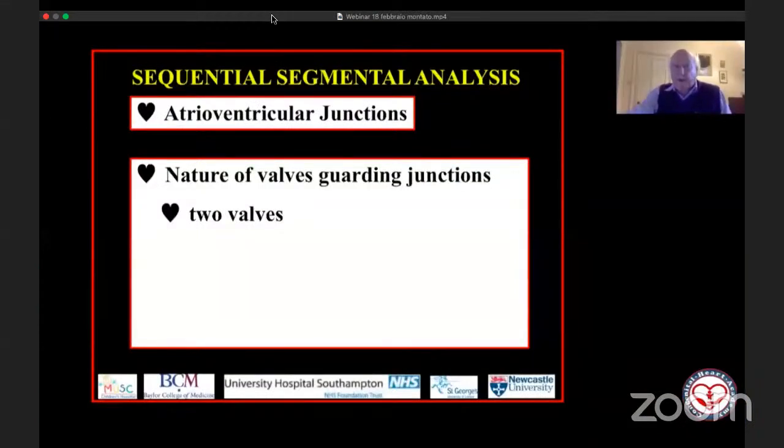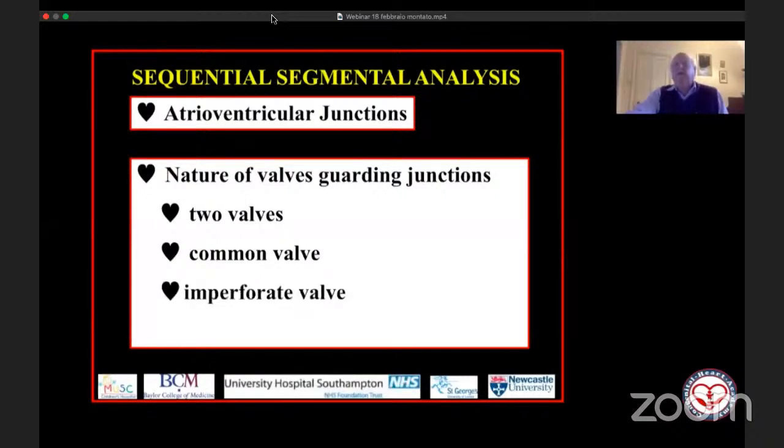We then need to remember again that when we have those atrioventricular junctions connected together in concordant fashion, the valves guarding those junctions can vary. Almost always, as you've just seen, there will be two valves, but we must take account that those concordant atrioventricular connections can on occasion be guarded by a common valve, and in some instances, they can be guarded by one valve which is imperforate.